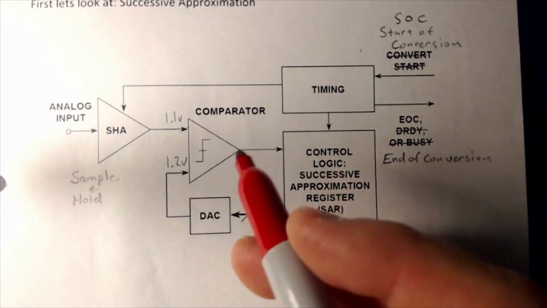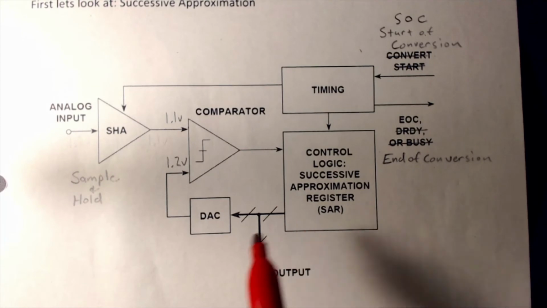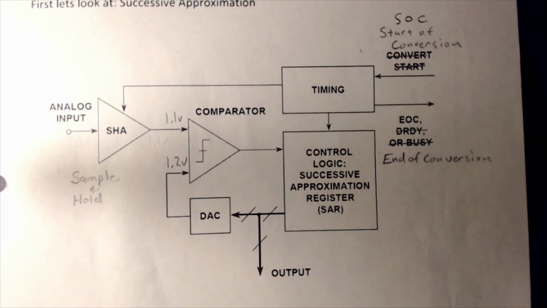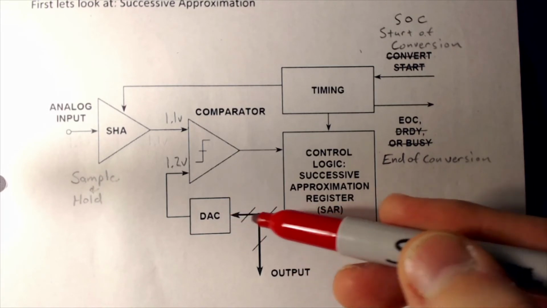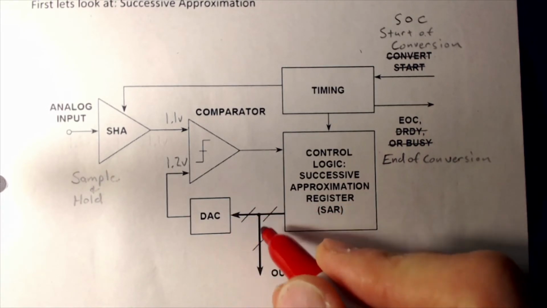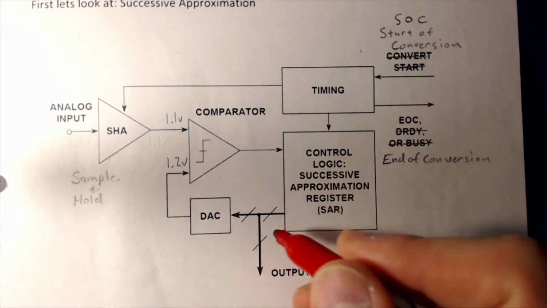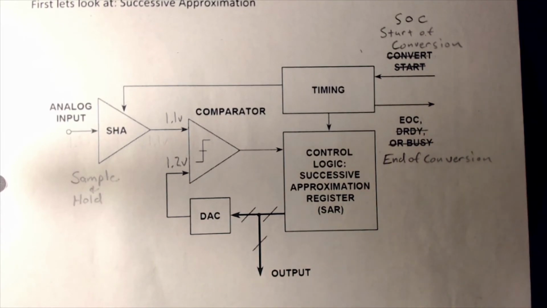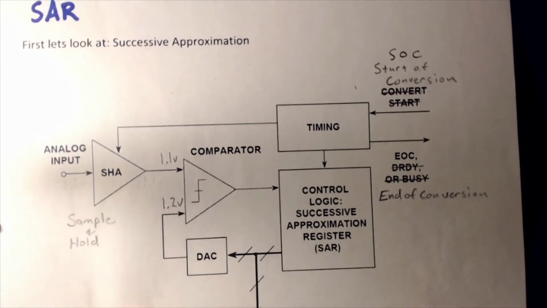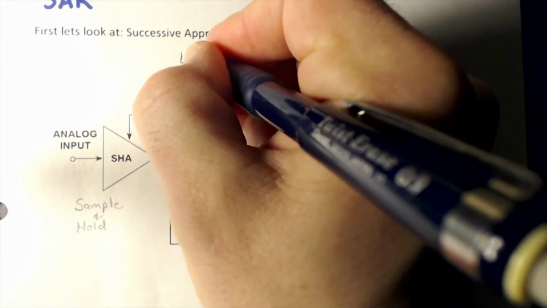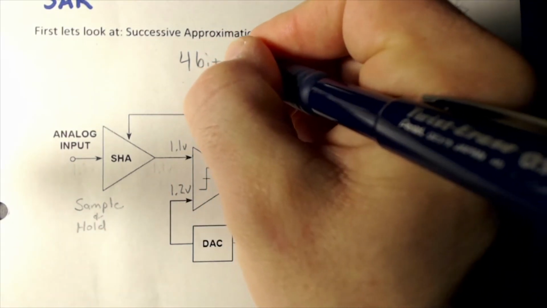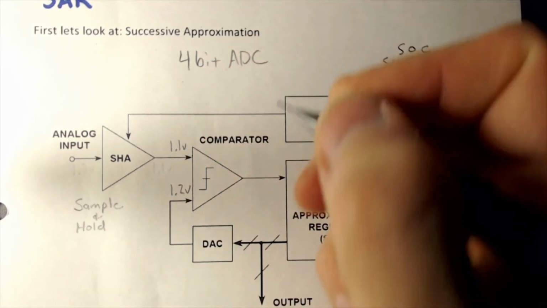Okay, so in order to create an ADC, we need a DAC. So the DAC gets a digital value. You can see the bus here represented however many bits our converter is going to be. Let me say that we are going to create a 4-bit ADC.